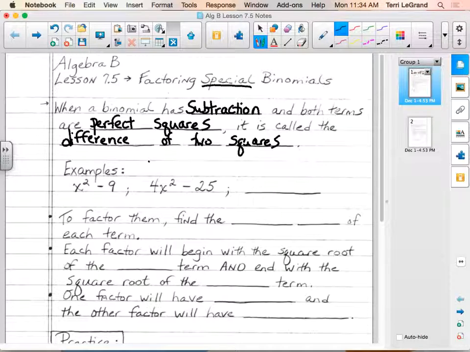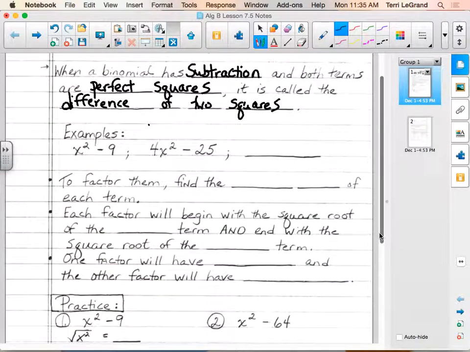Where did they come up with that name? Well, difference is the answer you get from a subtraction problem. We said it has to have subtraction. We said both terms have to be perfect squares, so we can also call them squares. So when we have the difference of two squares, we can use a special method to help us factor them.